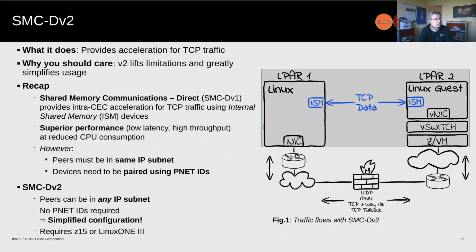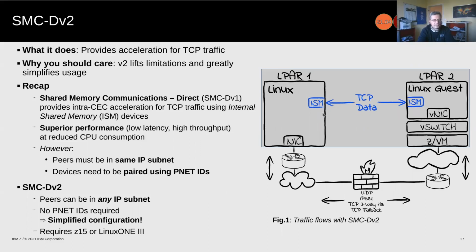So on to the next technology, which would be SMC-D version 2. This came out just a couple of months before. Now, if you're not familiar with SMC-D to begin with, that stands for Shared Memory Communication Direct, which means we have two LPARs on the same CPC, obviously. And what we do is we assign so-called ISM or internal shared memory devices to each LPAR.